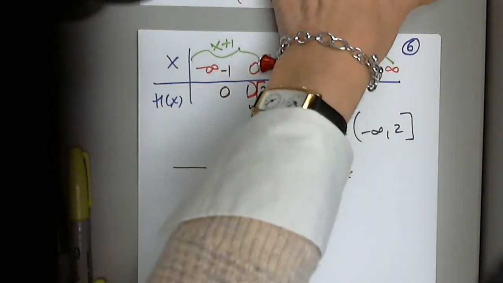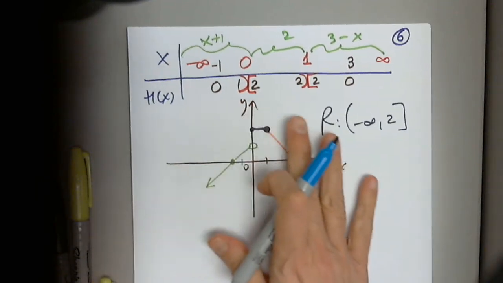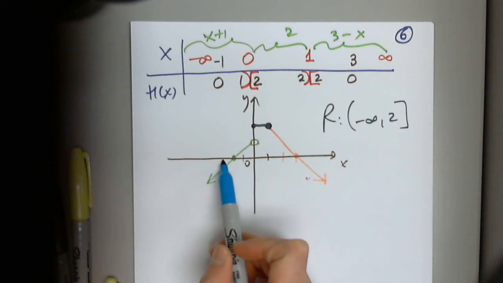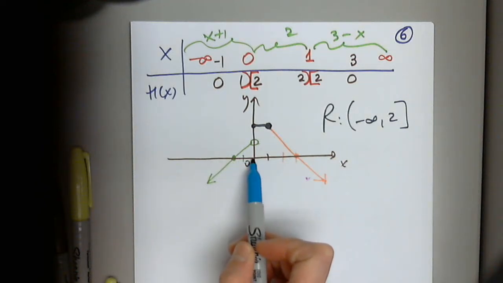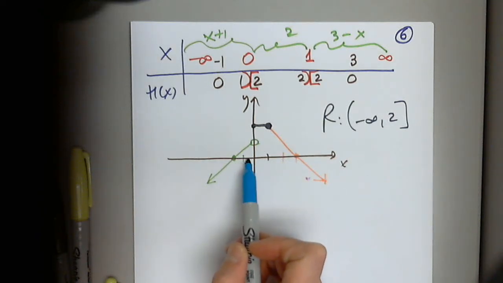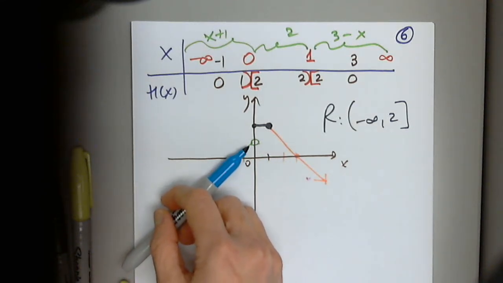Okay. Since we're here, I'm going back to R in a minute, but I want to ask you just a quick question. Looking at this graph, if x gets closer and closer to 0 from the left, coming from -∞, the function values get closer and closer to which value? 0.